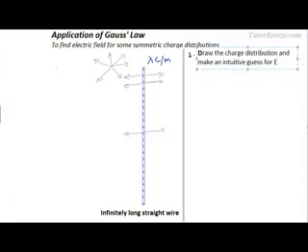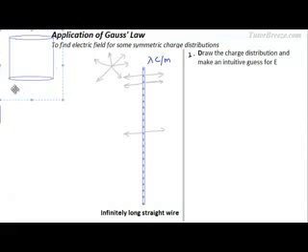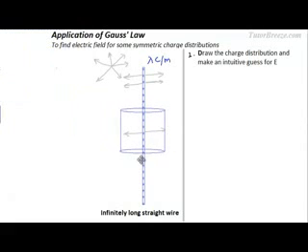The next step is to guess the Gaussian surface. Now, in this case, a cylinder seems to be a good choice for a Gaussian surface as the wire on which the charge is present is also cylindrical. So, I'll just choose a cylindrical Gaussian surface and place it over here.